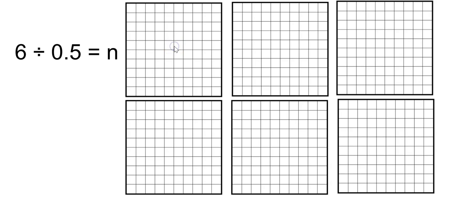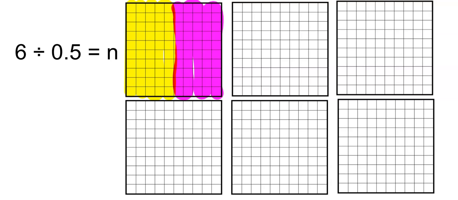Let me get a highlighter. Okay. Here's 1/10, 2/10, 3/10, 4/10, 5/10. Now let's switch colors. 1/10, 2/10, 3/10, 4/10, 5/10. So I can clearly see that 5/10 is half.